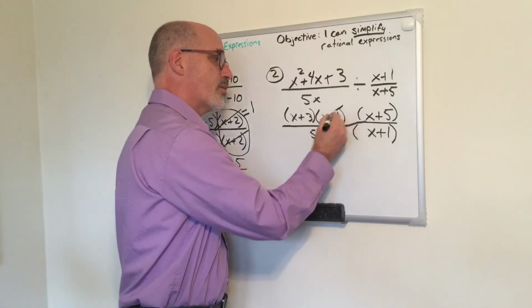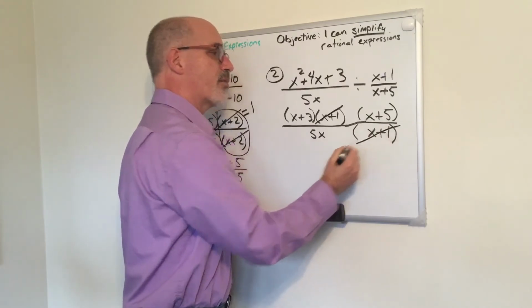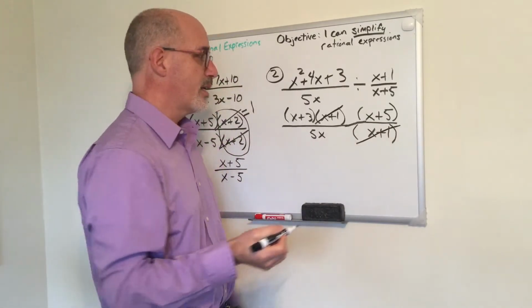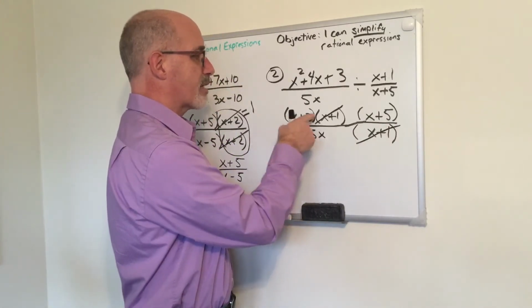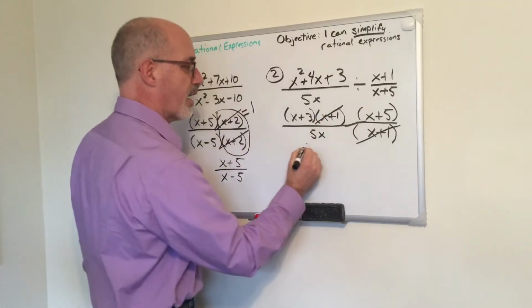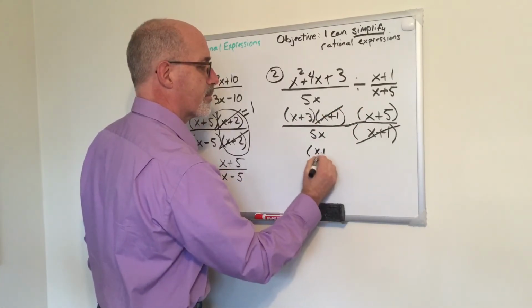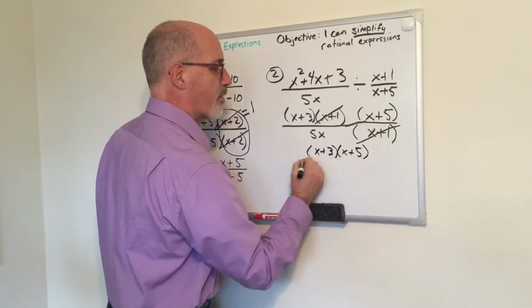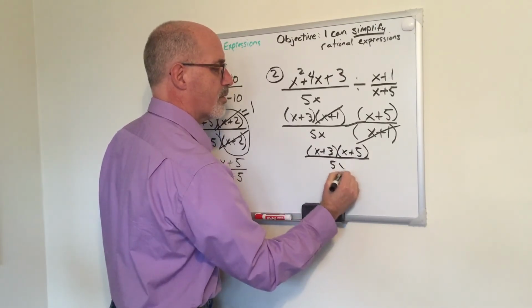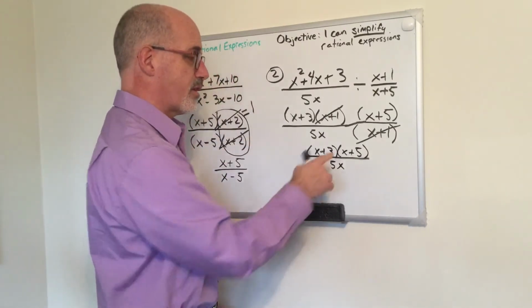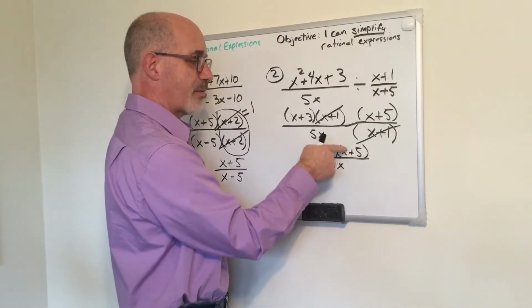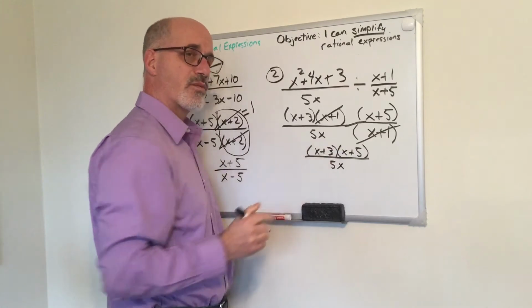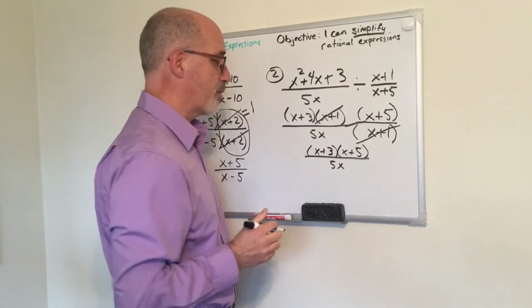Those two, when put one over the other, become a factor of 1. So what we're left with is this x plus 3 times the x plus 5 on the top, over 5x. We don't have anything else to reduce. Even though this is an x and a 5, it's got a plus between it. That doesn't reduce with this 5x because that's multiplication.